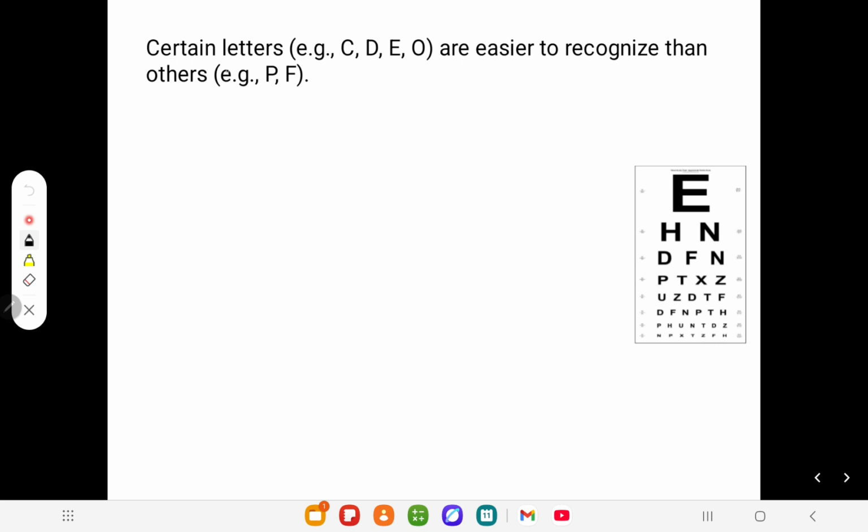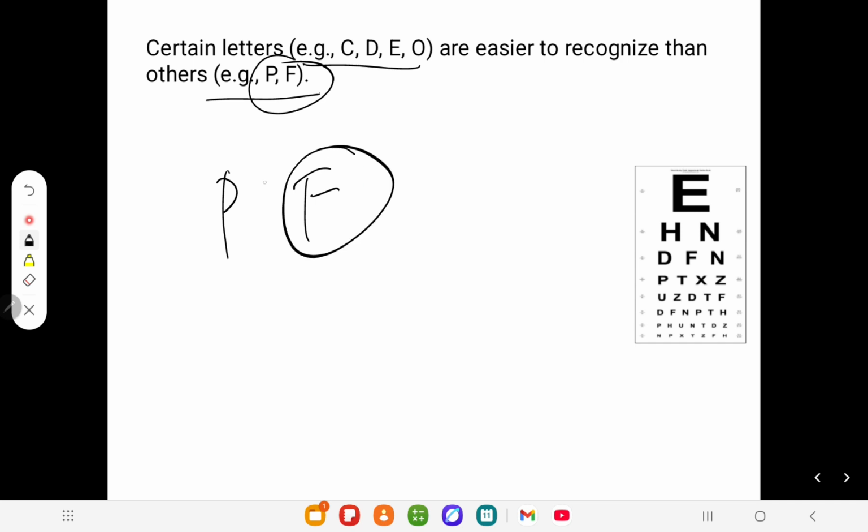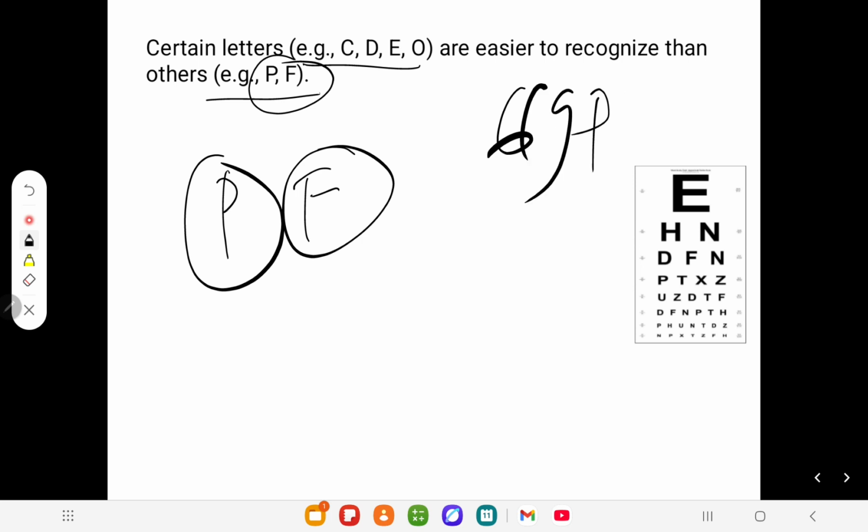Obviously, certain letters are easier to recognize than others. For example, P and F. I always say in my clinical practice, let's say a patient's vision is 6/9 partial and these letters are in the 6/9 row. Then sometimes F is called P and P is called F. It's quite difficult, isn't it?